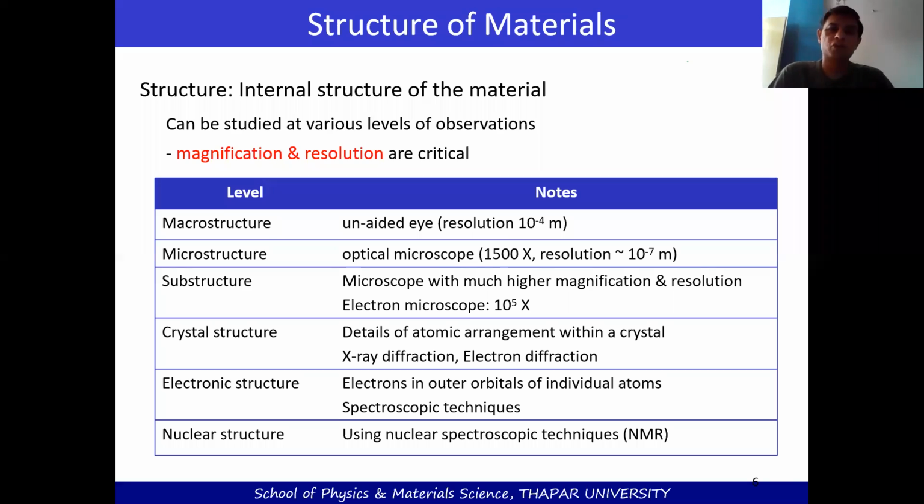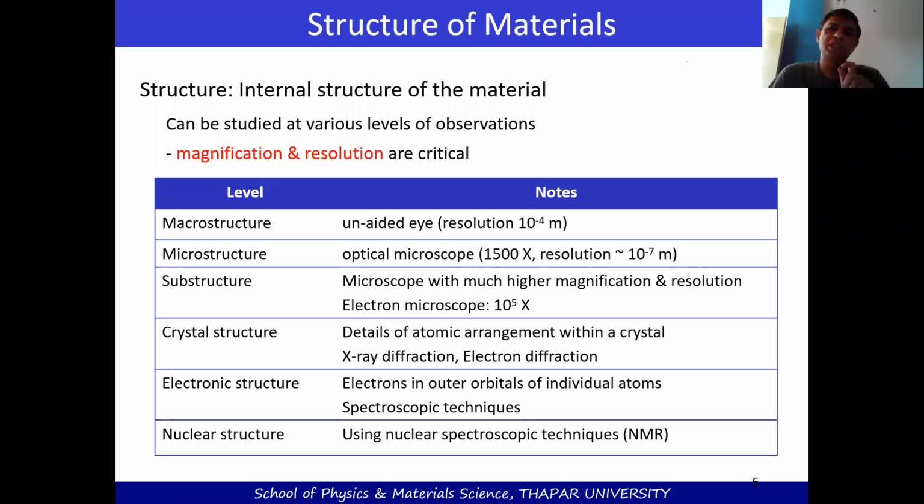In an optical microscope, we use visible light as the light source. And you know that visible light has a wavelength that ranges between 400 nanometer to 700 nanometer. So typically the limit of resolution is defined by the diffraction limit. You know, if your object size is of the order of the wavelength, then diffraction takes place.